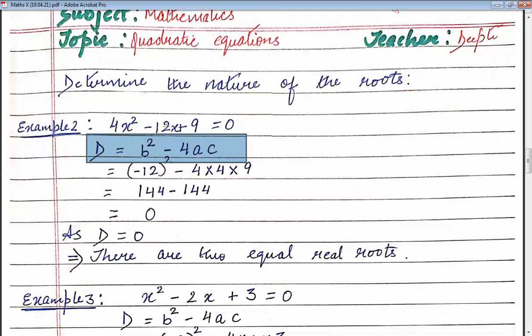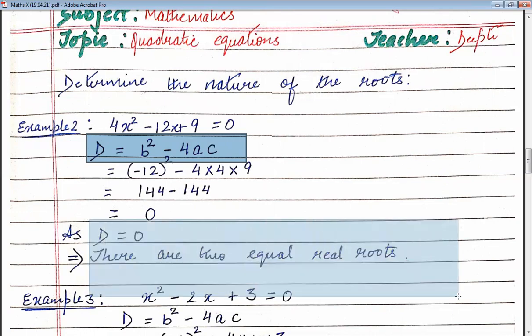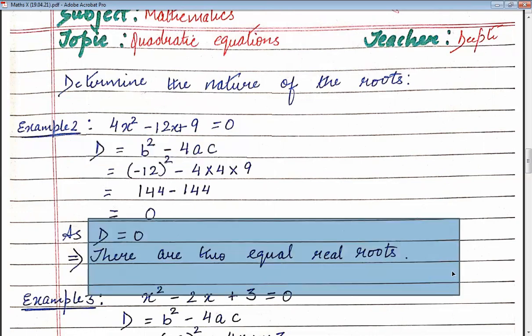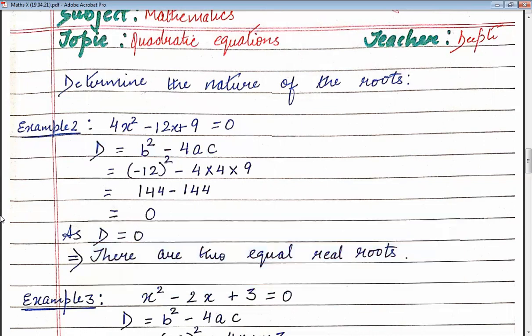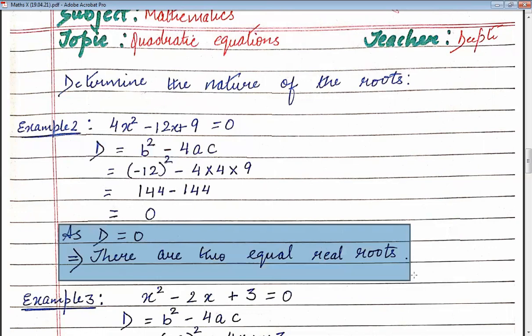So minus 12 square minus 4 into 4 into 9. Your answer is 144 minus 144, which is equal to 0. So when d is equal to 0, it means they are having two equal real roots. Whenever the discriminant is 0, your roots are real and equal.